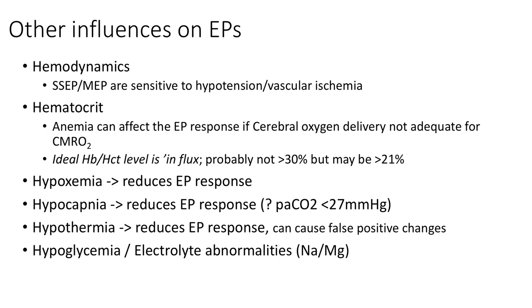Anemia can affect the evoked potential response if cerebral oxygen delivery is not adequate for the metabolic activity. We don't know what the ideal hematocrit or hemoglobin level is for evoked potential monitoring, but probably it will be above 21%.